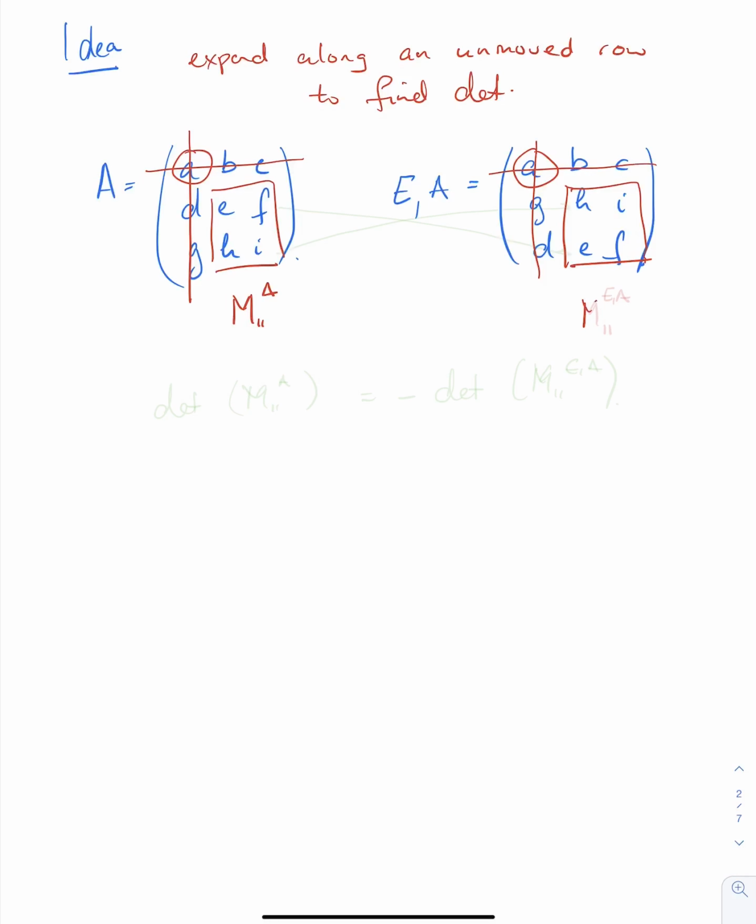This matrix in notation is M11 of the matrix E1 times A.